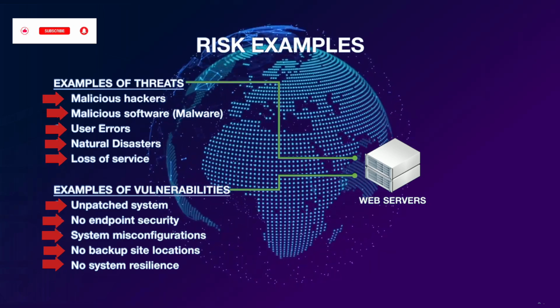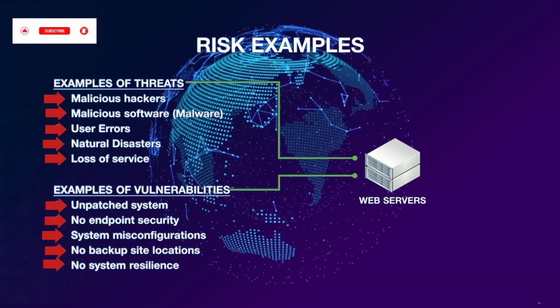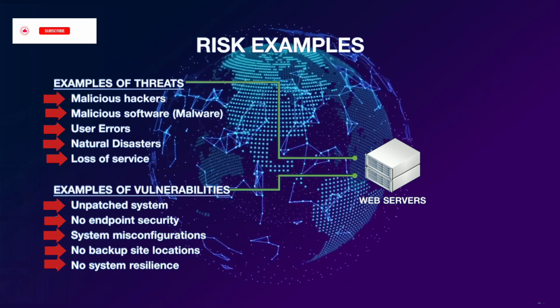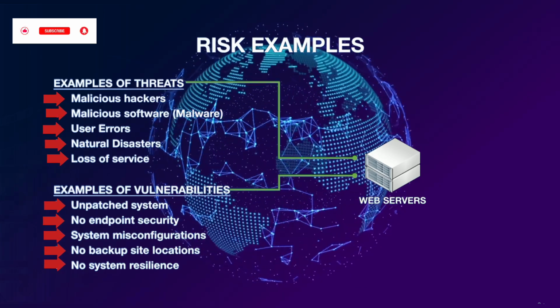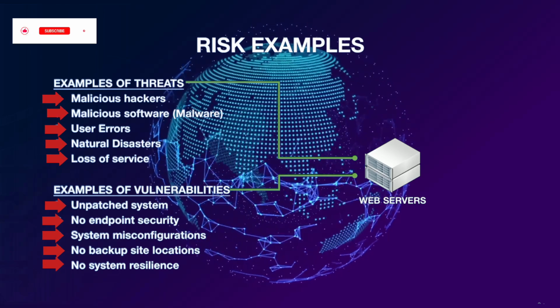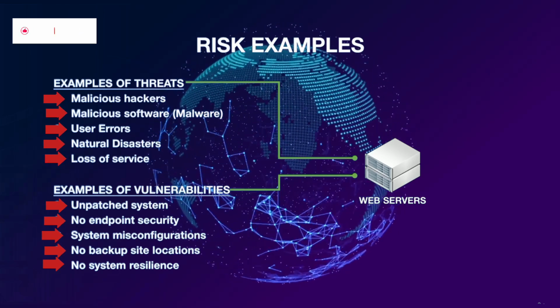So oftentimes we get confused on this, and that's why it is so important to clearly understand the divide between threats and vulnerabilities. Now within risk management we have threats and vulnerabilities. What we need to understand is how to frame the risk. So we need to understand how the organization reacts to the risk.